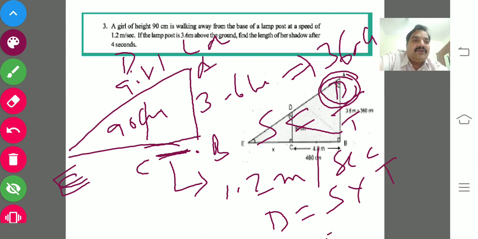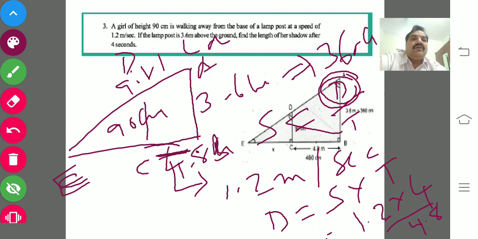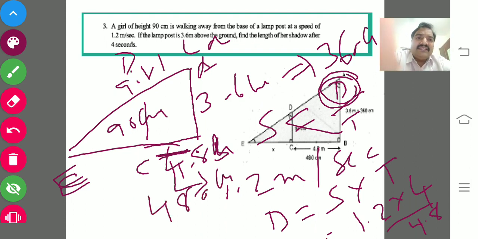The speed is given as 1.2 and the time is 4 seconds. So 1.2 into 4 is 4.8 meters. So BC you got it. 4.8 meters means 480 centimeters. Yes, everything is ready now.